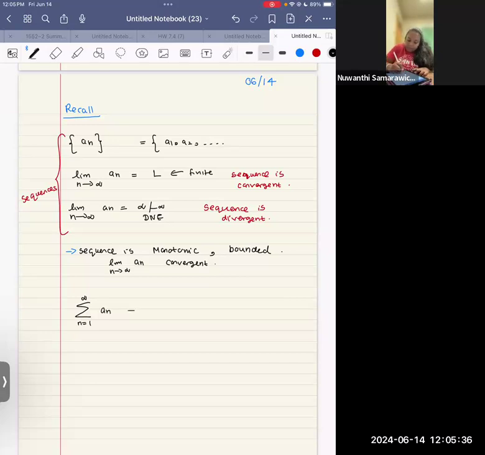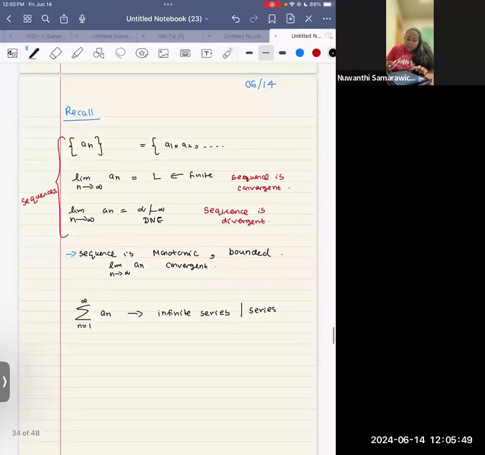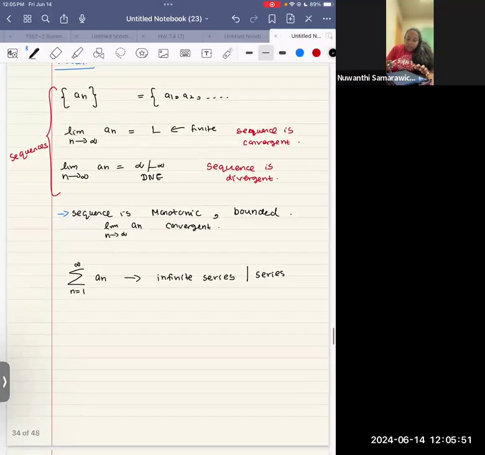This is called an infinite series, or we can just say series. As with sequences, at the end of the day we want to know whether it is convergent or divergent.